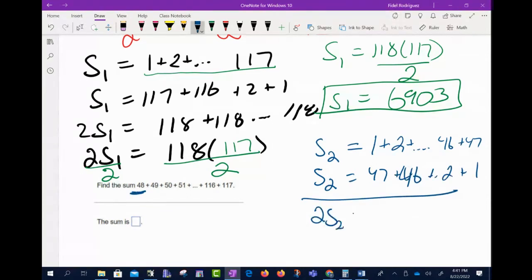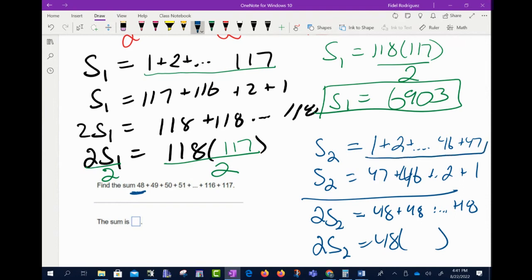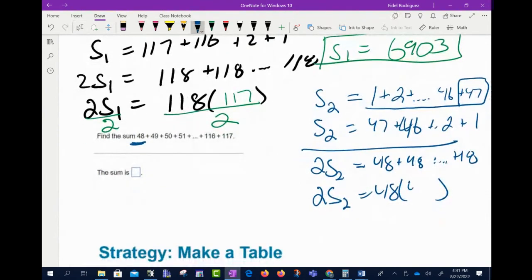Twice sum 2 would be me adding up the number 48 a whole bunch of times, right? How many times am I adding up the number 48? Since those numbers go in order and I'm not skipping anything, I'm adding up that number 47 times.